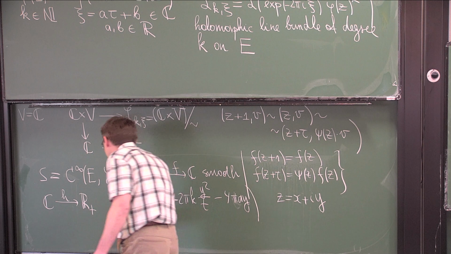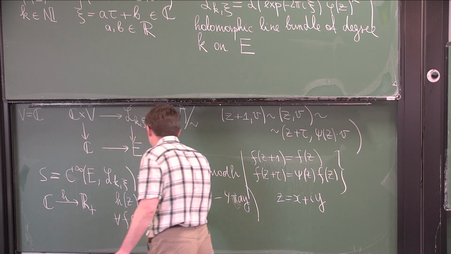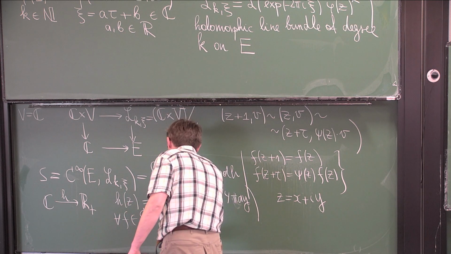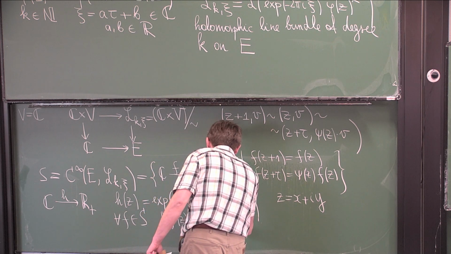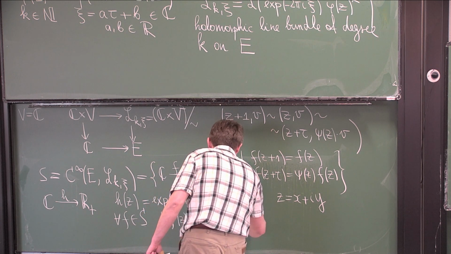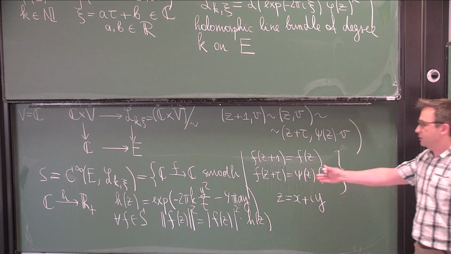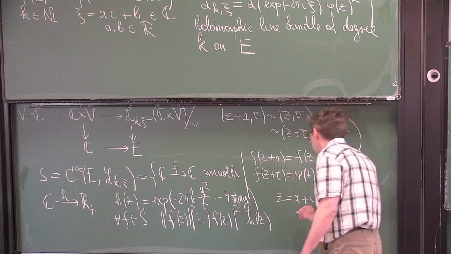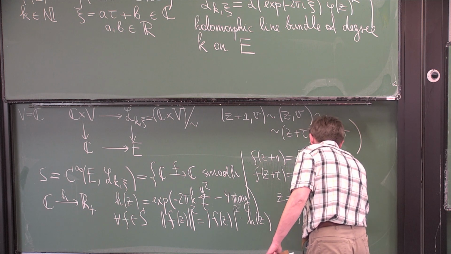So for any smooth section, I define the length of my section at the point z, as usual, length times h of z, and the obtained function is invariant under translations by 1 and by tau.